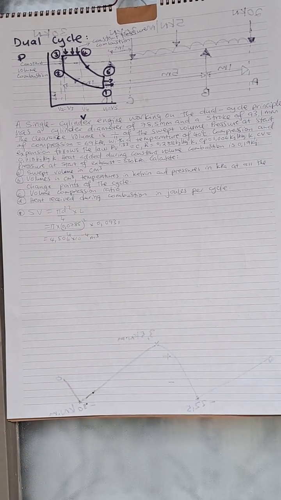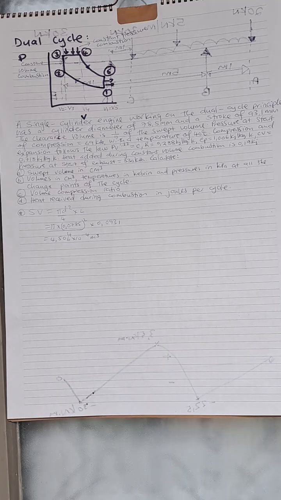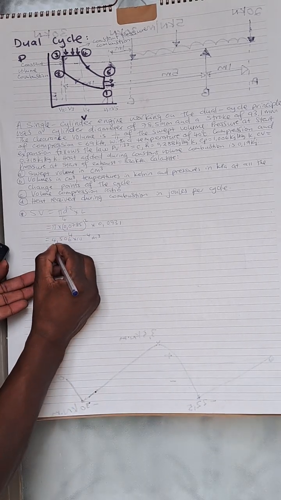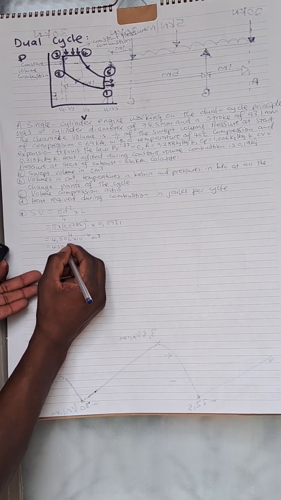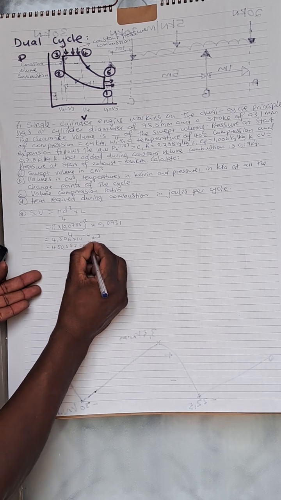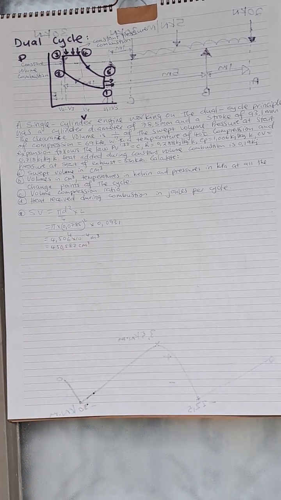But they want the answer in cubic centimeters. So we simply multiply by 10 to the power of 6, which becomes 450.587 cubic centimeters. So we have our swept volume, which is our A.